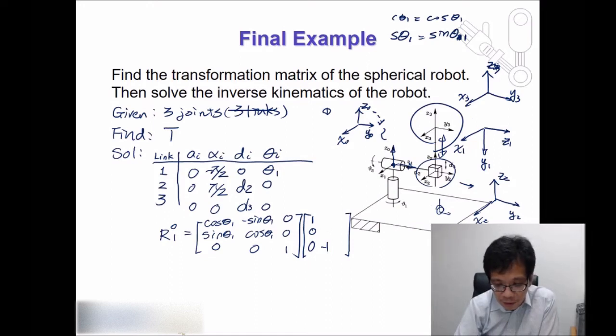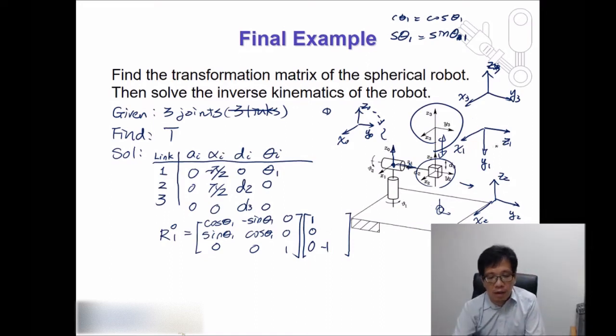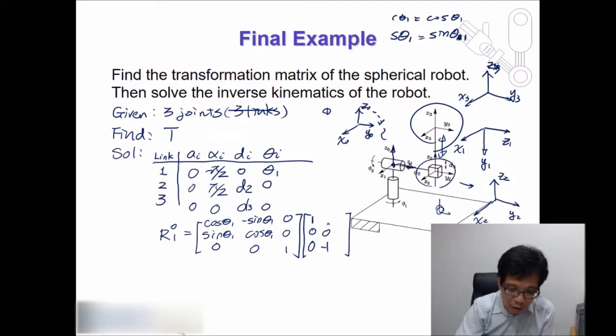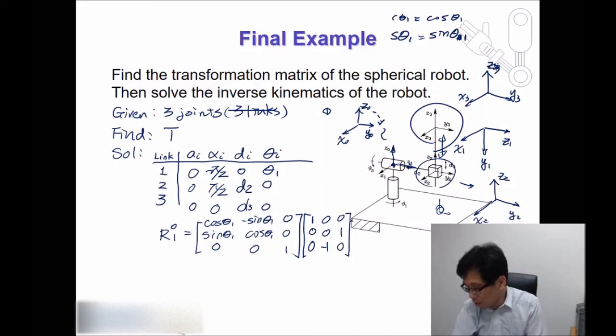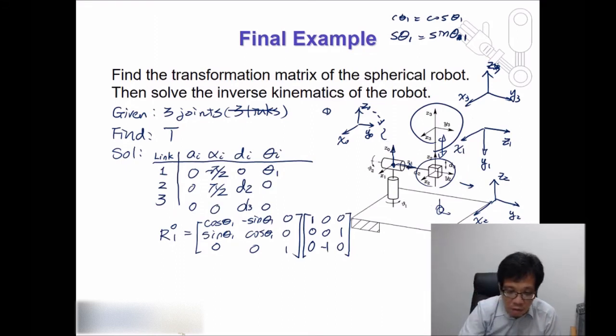In y0 direction is 0, and in x0 direction is 0. For z1, it's going to be 1 here, 0 here, and 0 here. So, and okay, D is not moving anyway.